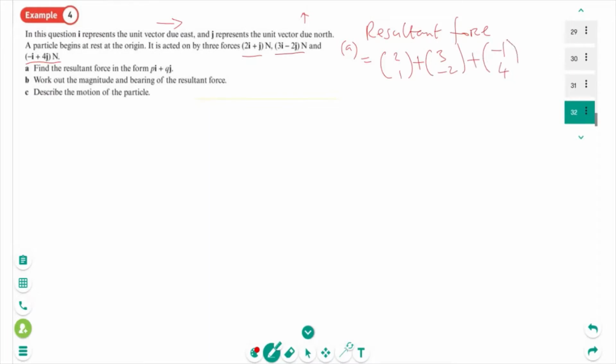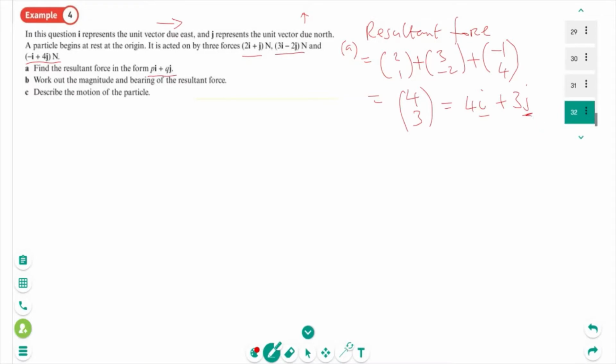I'm using column vector notation. 2 plus 3 take away 1 is 4, and 1 minus 2 plus 4 is 3. They want the answer in the form pi plus qj. So the resultant force is 4i plus 3j. That's the resultant force acting on the particle.